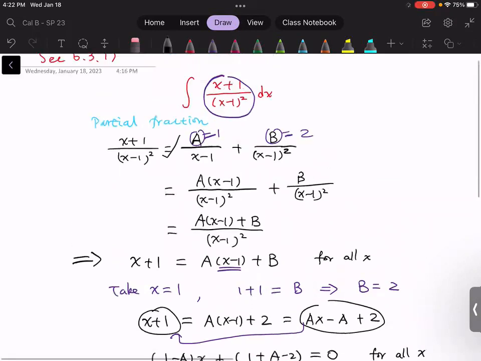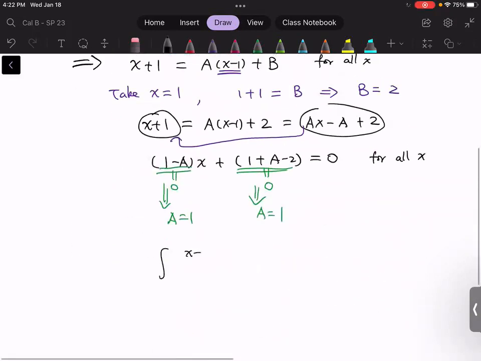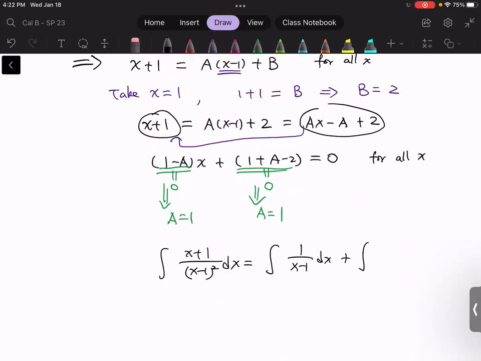Now with this information, we are ready to solve this. That will be the integral of 1 over x minus 1 dx plus, with b being 2, the integral of 2 over (x minus 1) squared dx. For the first term, the answer will be the natural log of the absolute value of x minus 1.